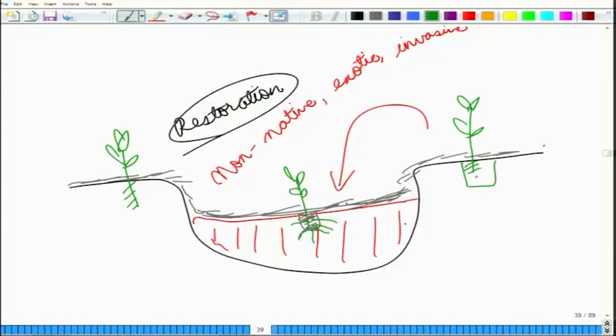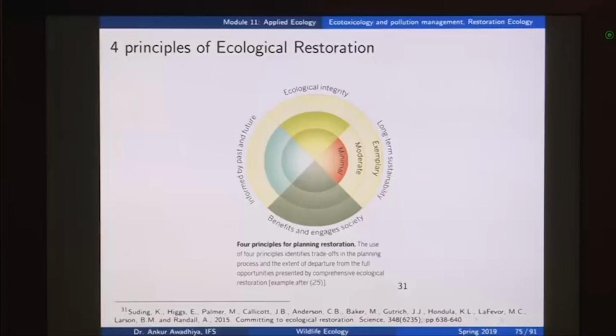So, for instance, when you are planting these trees, if you give employment to the local people, if you involve those local people, they also become stakeholders. What will happen is, because it is their forest, they will try not to cut this forest. They would want this forest to grow, because it is after all a result of their own hard work. So, in all these activities, you need to make a point that you are benefiting and engaging the local people, you are engaging the society.